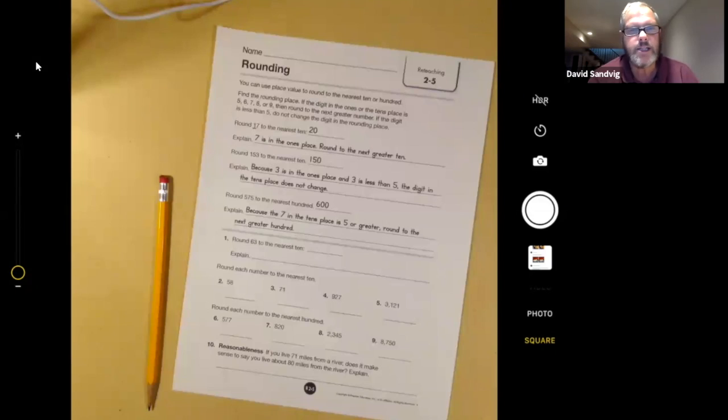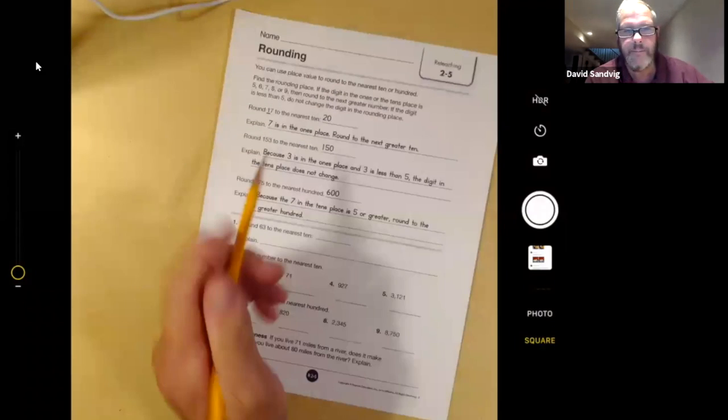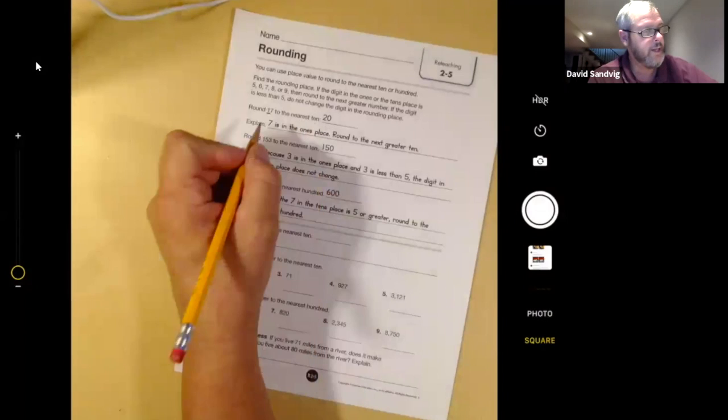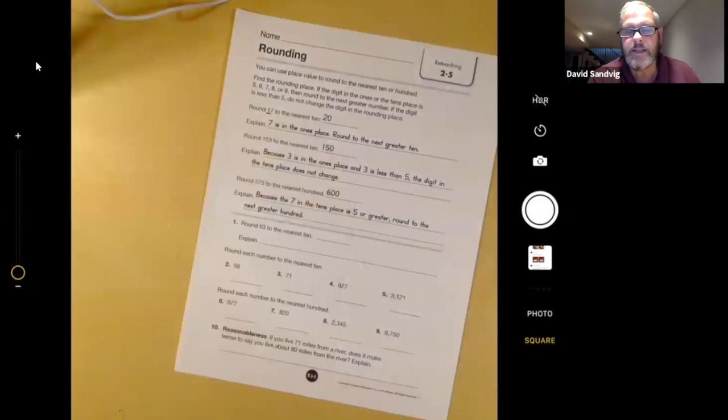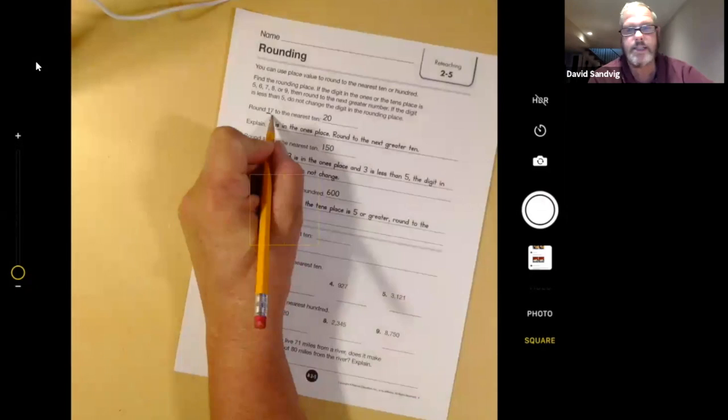So let's look at rounding 17 to the nearest 10. Well, the round place is the 1 on the tens place. And remember the rhyme. We look right next door, to the right. We're going to look at the 7.